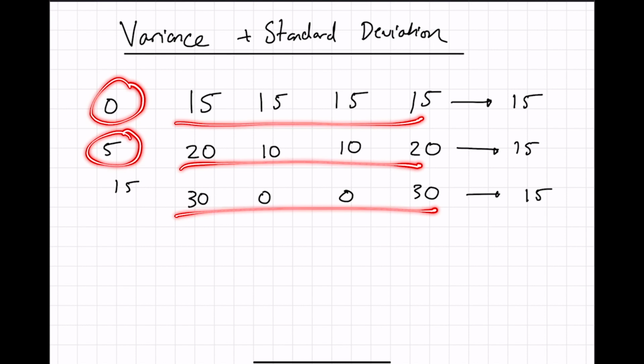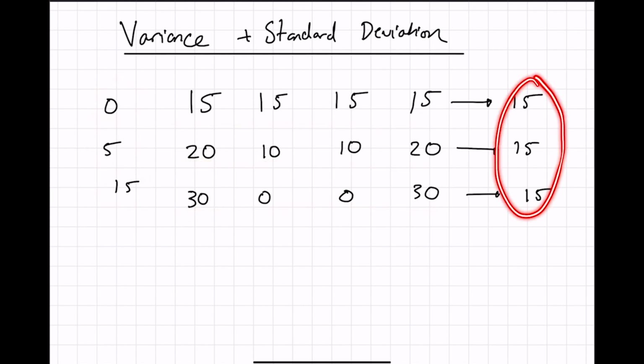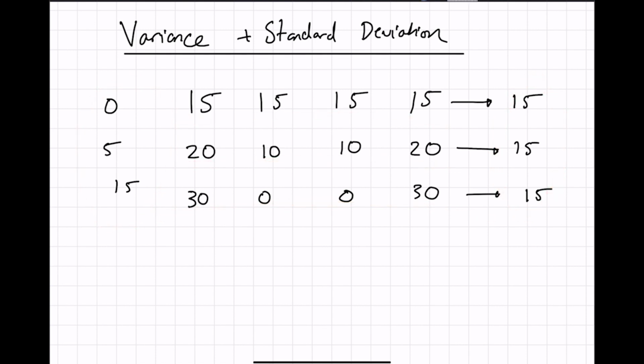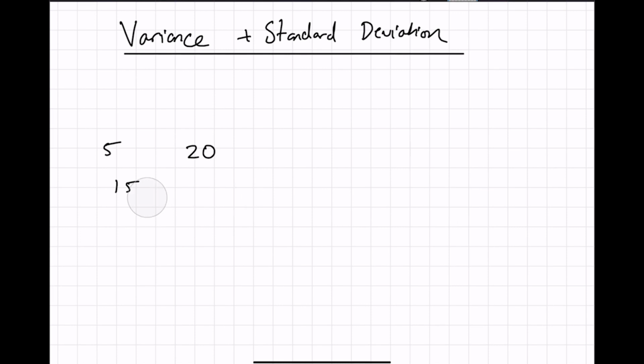And here the data is very spread out, so it's 15. So even though they all have the same means, their variances are different, and that tells you how spread out each of these data points are. So hopefully that makes a little bit of sense in terms of what the variance is. That's the theory behind it. And so if someone asks you what the variance is, you can simply say how far away each point in the data is from the mean.